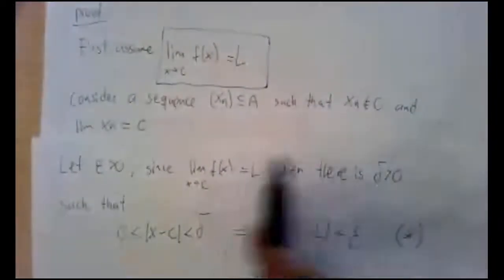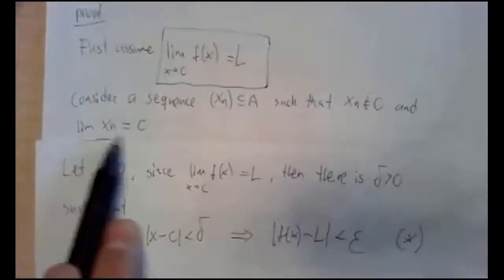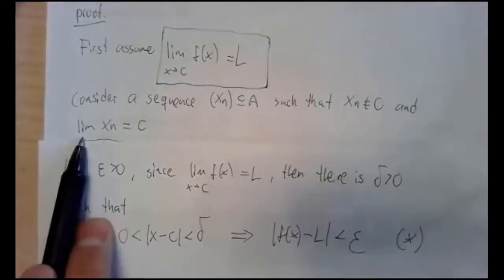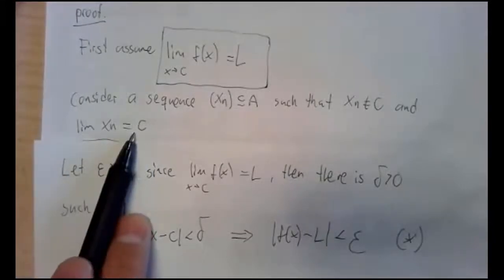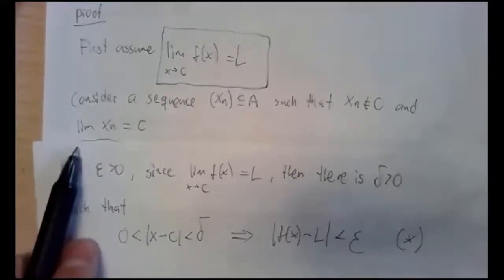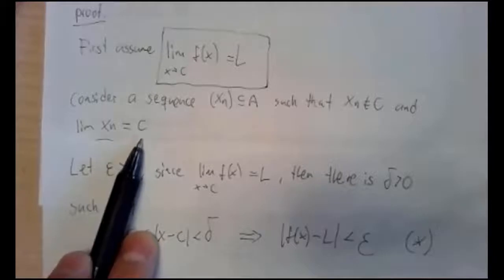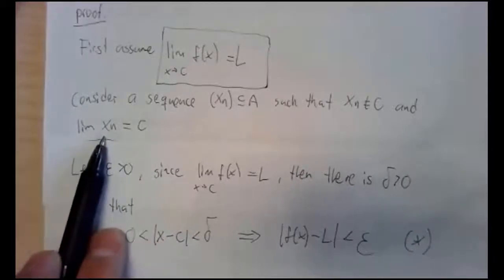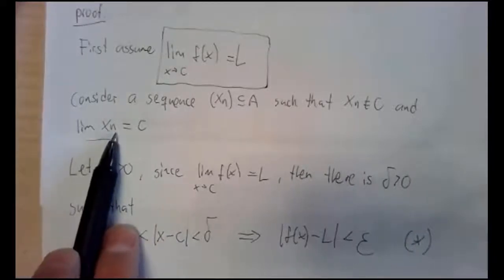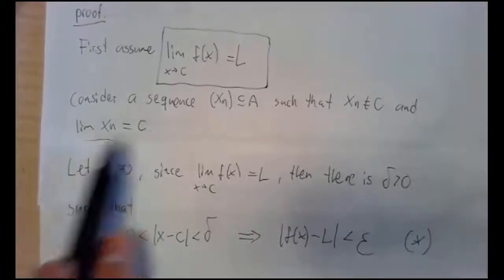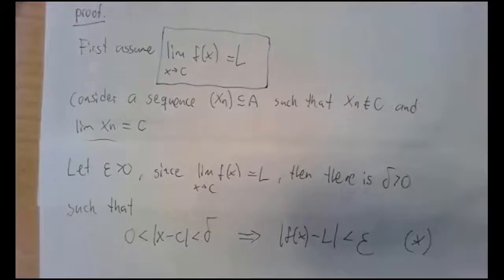Now I also have to use the property that the limit of my sequence is C, right? What is this definition that the limit of my sequence is C? Well, the definition is that for whatever number you pick, there's going to be a capital N, such that if the little n is bigger than the capital N, then this number and C are closer than whatever you told me, right?